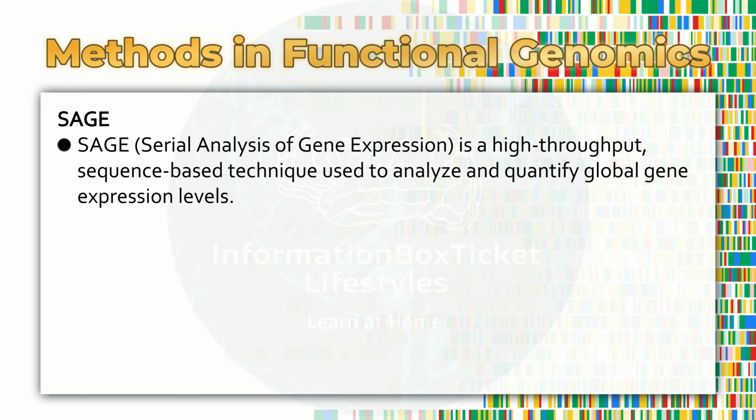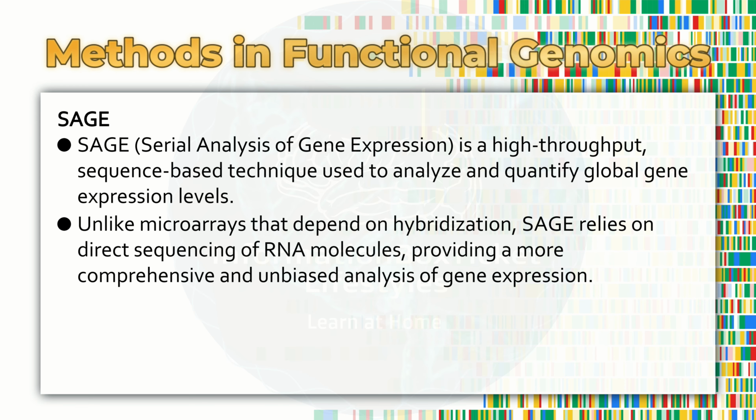SAGE, Serial Analysis of Gene Expression, is a high-throughput, sequence-based technique used to analyze and quantify global gene expression levels. Unlike microarrays that depend on hybridization, SAGE relies on direct sequencing of RNA molecules, providing a more comprehensive and unbiased analysis of gene expression.